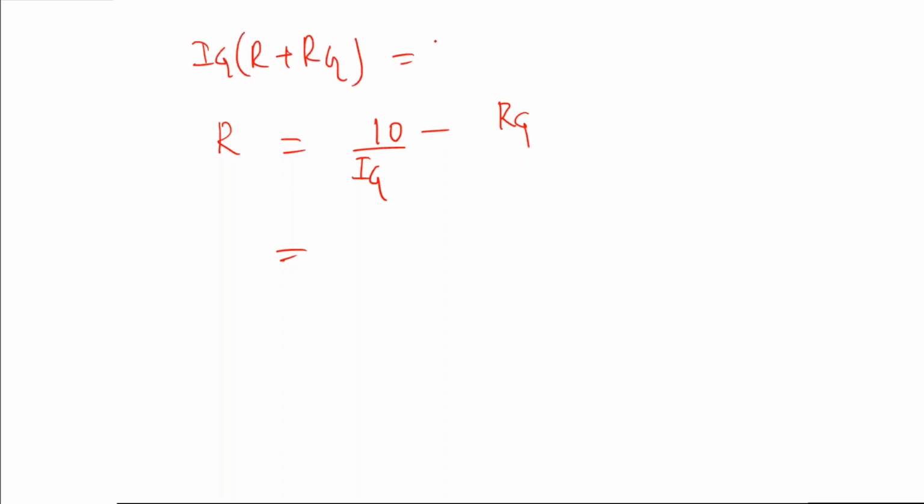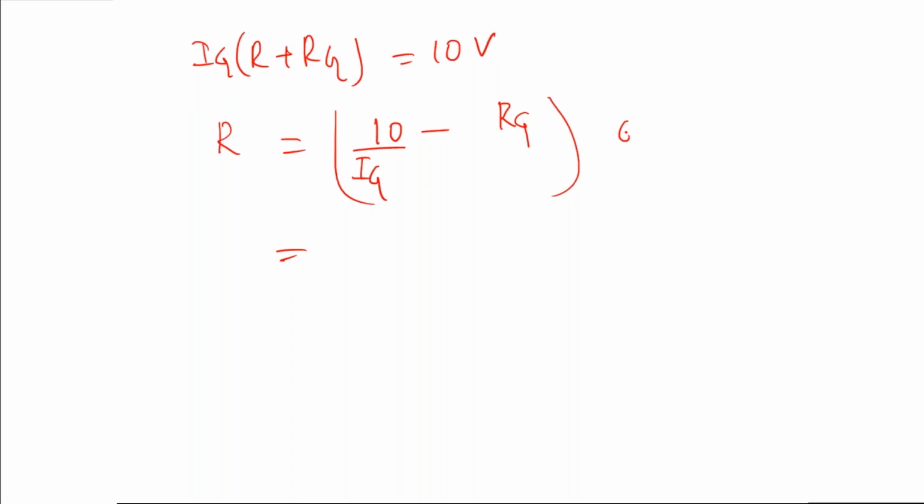So R will be 10 volt divided by IG, minus RG. This is the equation from here: IG into (R plus RG) equals 10 volt.